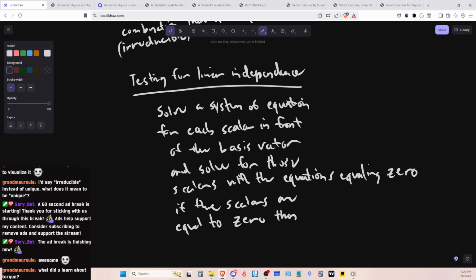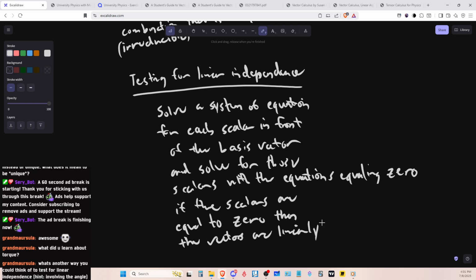Yeah, because I think they set it up with 0 at the equal sign. If the scalars equal 0, then the vectors are linearly independent.